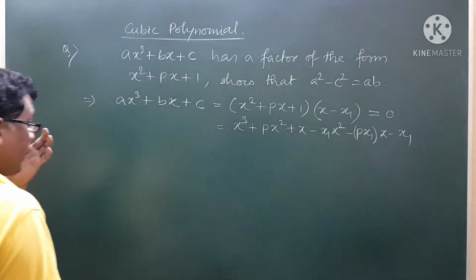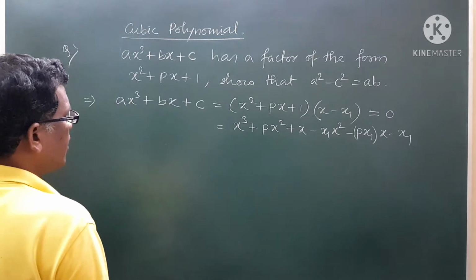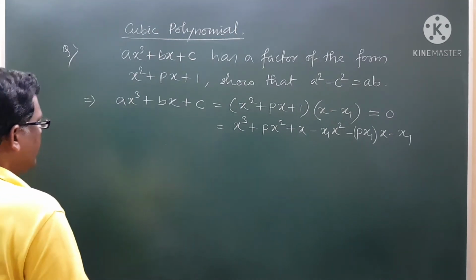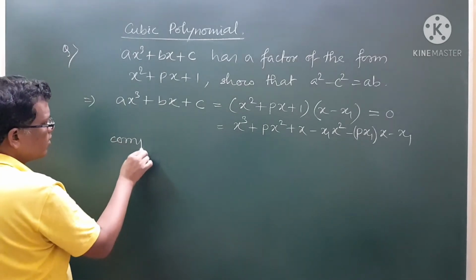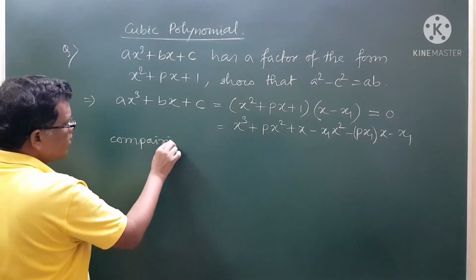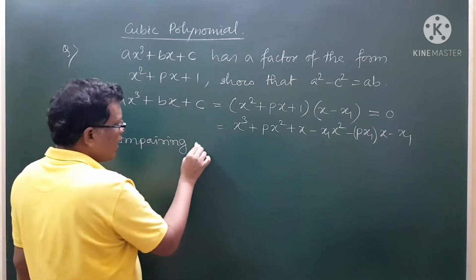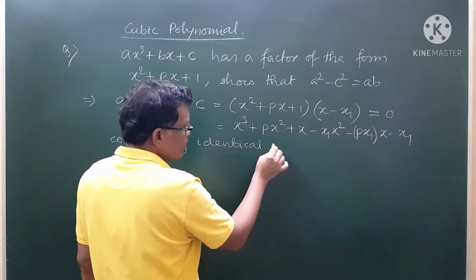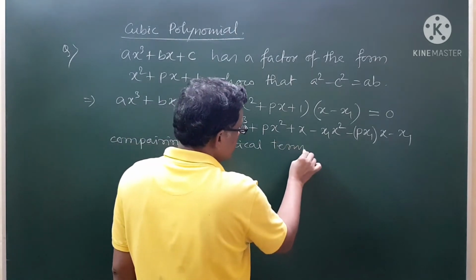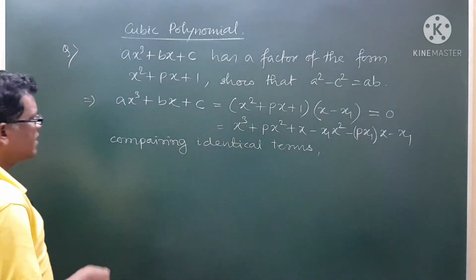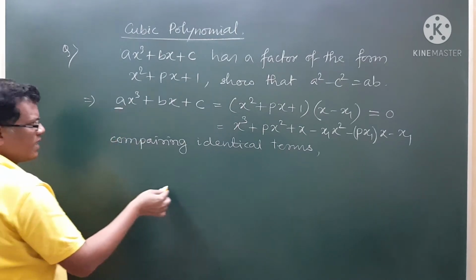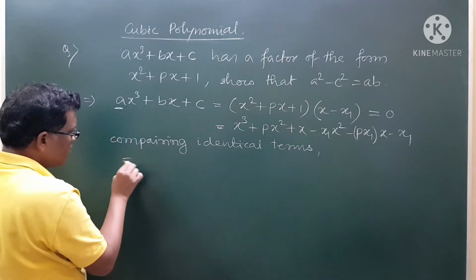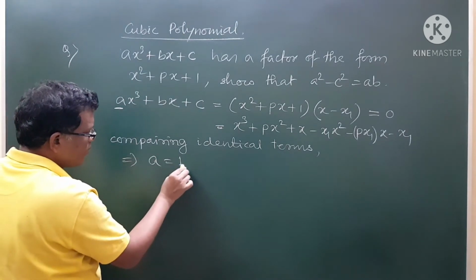So if we compare the identical terms, we can say the x cube coefficient is a here, and in RHS nothing is written, means it is 1. So that means the a value must be 1.